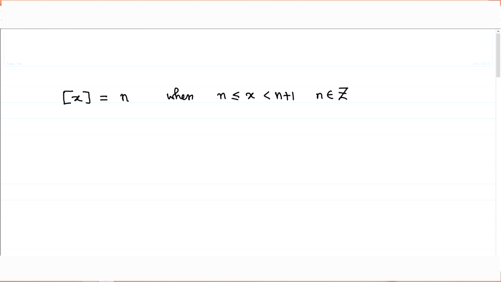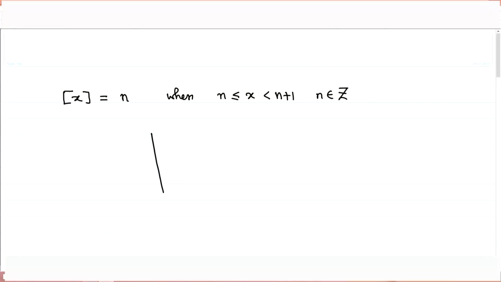Now for any real number x, we always know that it lies between two integers, that is n and n plus 1. For that integer n, I define the greatest integer function of x. So in other words, the integral part of a real number x is the greatest integer less than or equal to x.